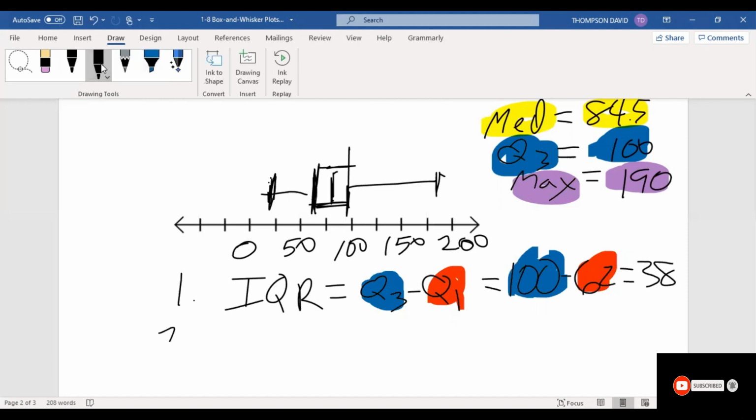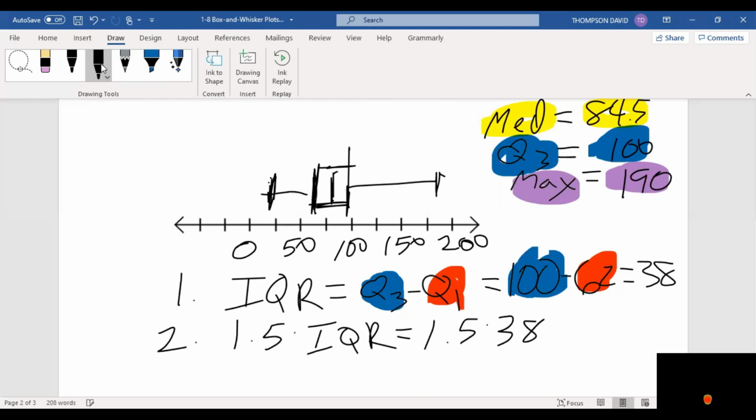Next step, you want 1.5 times the IQR, which is 38. So 1.5 times 38 is 57.